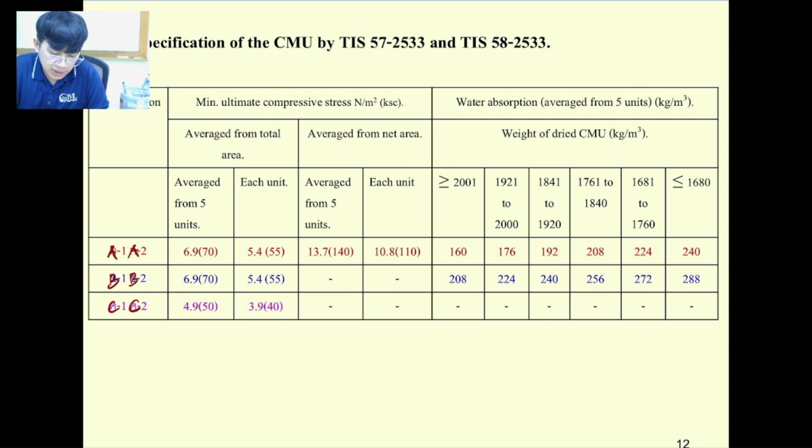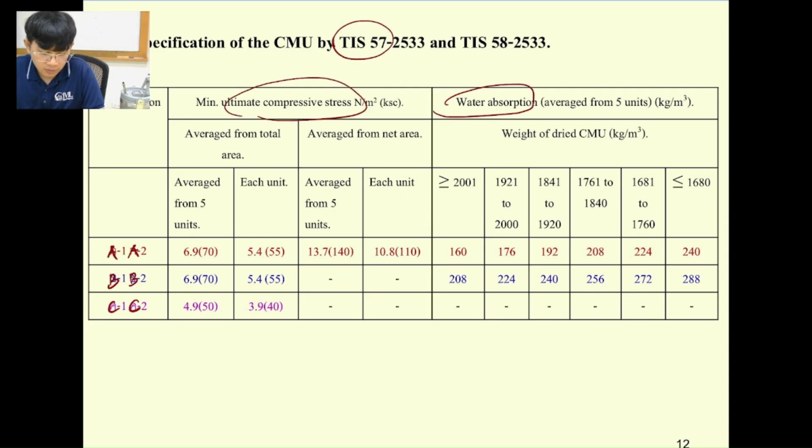If you look at the table from TAS 57 over here, we divide this into just two mechanical properties. The first one is water absorption. The second one is going to be the ultimate compressive stress over here. So class A and class B provide the minimum strength of 70 KSC, and class C is going to be 50 KSC, which means class C is what we call the low grade of the concrete block.